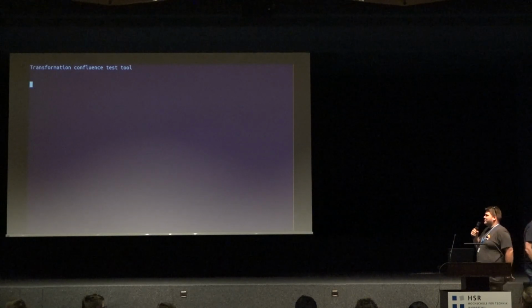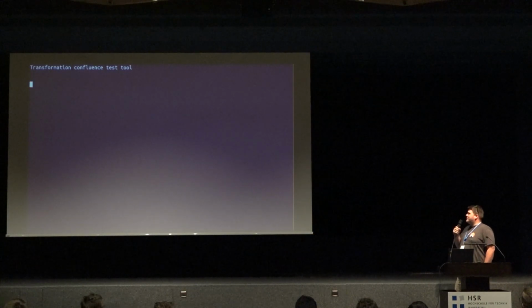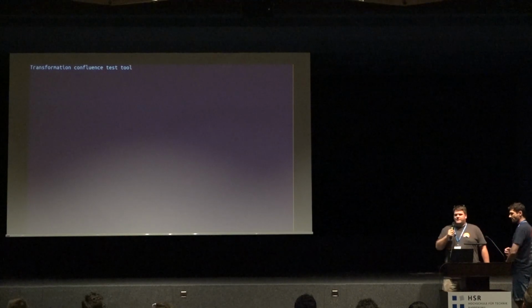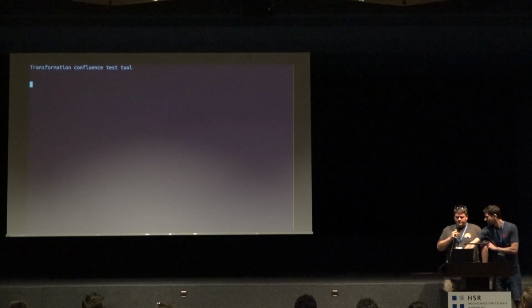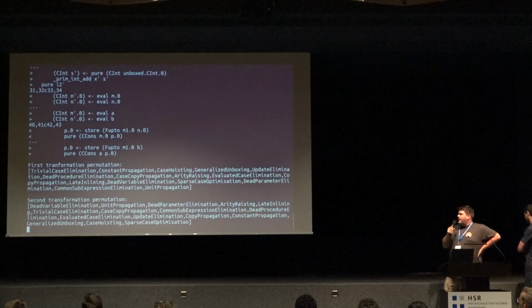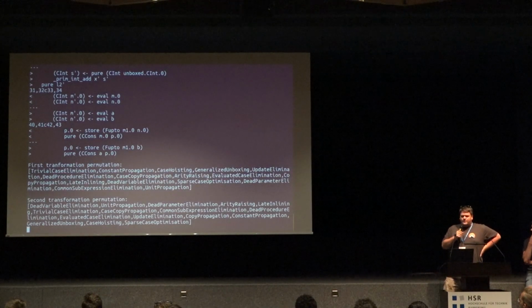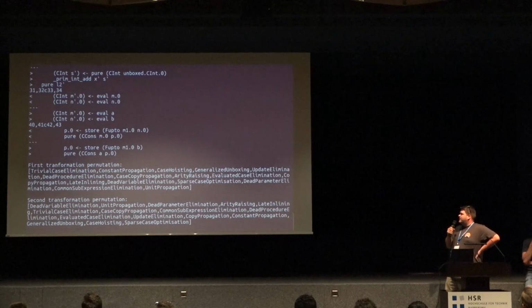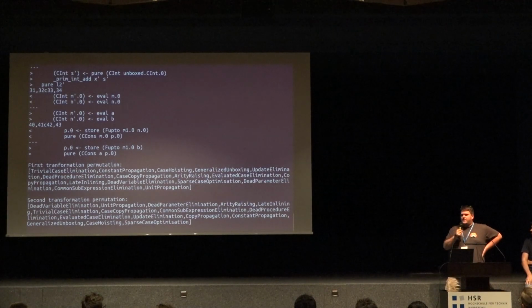Csaba didn't want to talk about this, so I will. I worked on the confluence test tool. I just joined the team for this weekend, and I asked for a ramp-up kind of task.